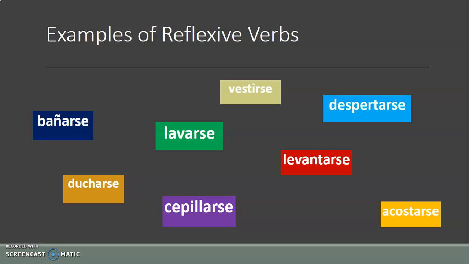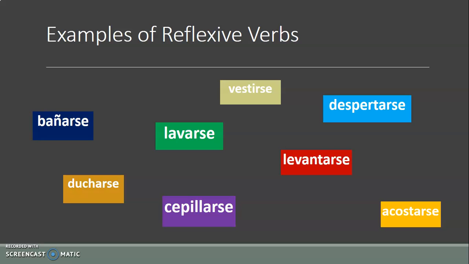Okay? Then we also have cepillarse in purple at the bottom. Cepillarse means to brush oneself. Now, of course, like lavarse, this is usually accompanied by another object, but an object that is a part of our body or an object that belongs to us. So it's still an action on ourselves, but maybe just a smaller part of ourselves.